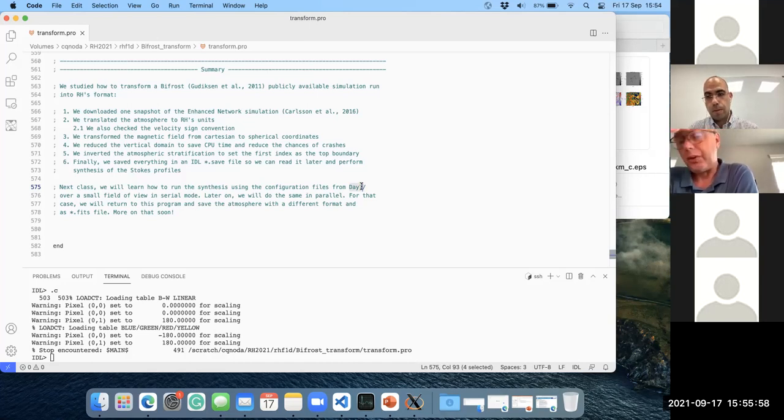So there are two things. Hydrogen is needed in the background to calculate some of the continuum opacities, for instance, the H- opacity.